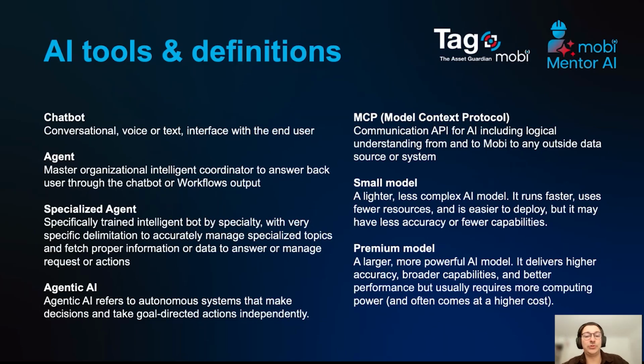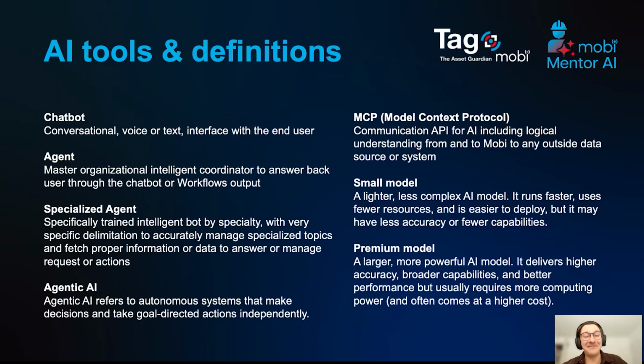And then this brings us to specialized agents. Specialized agents are specifically trained and have very specific boundaries to operate within a set of rules or a sandbox, so to speak. We'll be able to see a few specialized agents today, but think of an example. It could be a store clerk agent that's really specialized in maintenance spare parts and inventory level and the location of those spare parts.